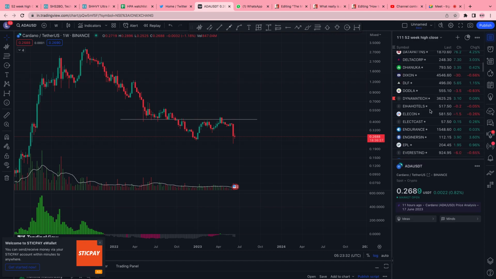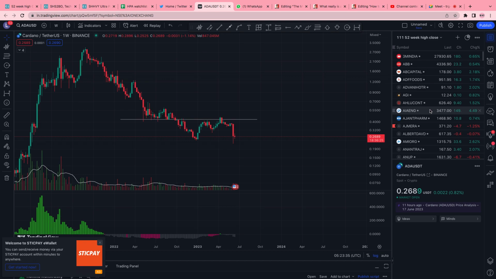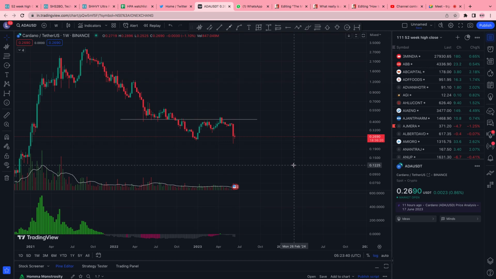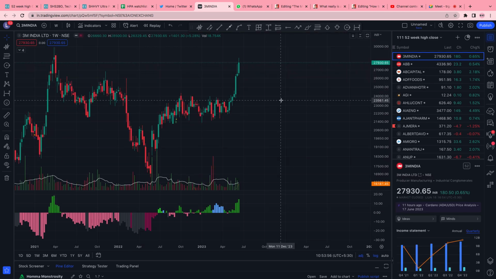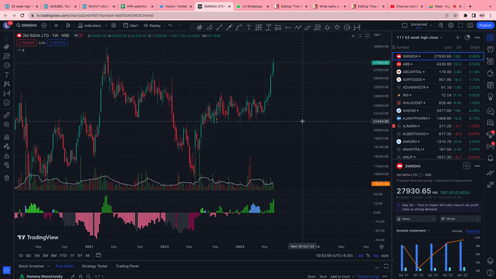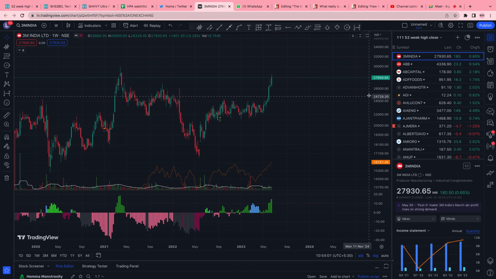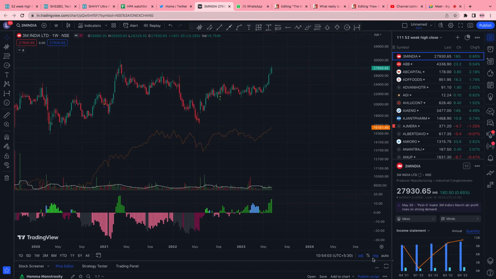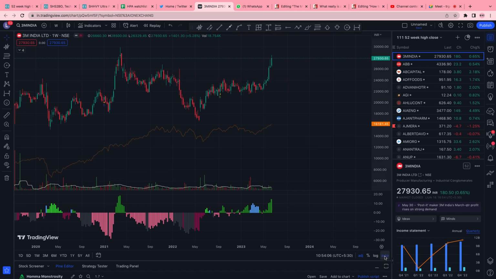Let's try to go one by one alphabetically, and we will try to identify which sector each is from, so that whatever we just did looking at the sector, we can identify, oh yes, the sector is showing in the indices, and then its stocks are not coming in the 52-week list, which is generally not possible. So let's do that exercise. Just a minute, let's remove this log, auto.